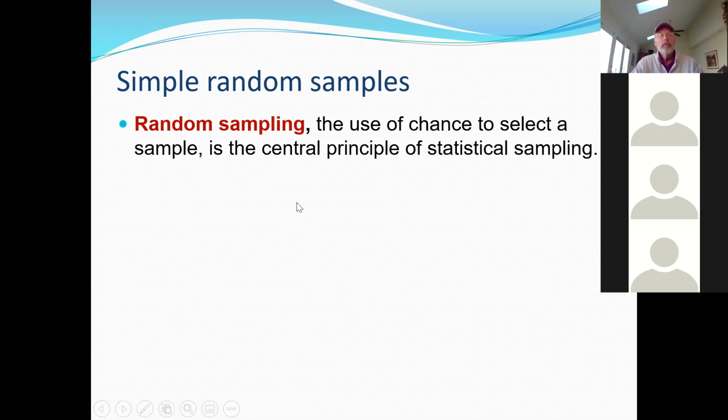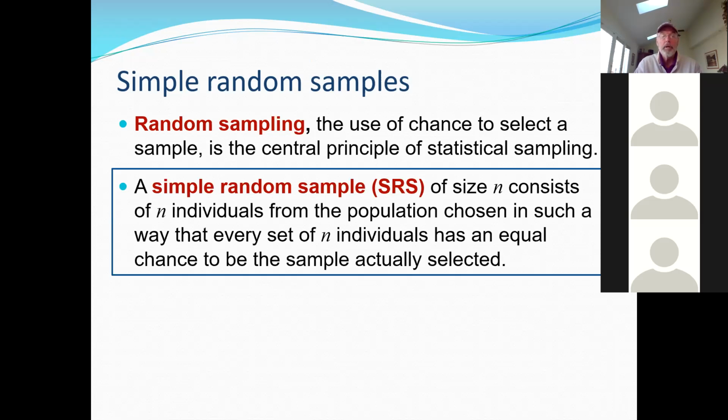You might use slips in a hat, or you might use a random digit generator. So random sampling is a really easy and safe way of getting a sample from a population.